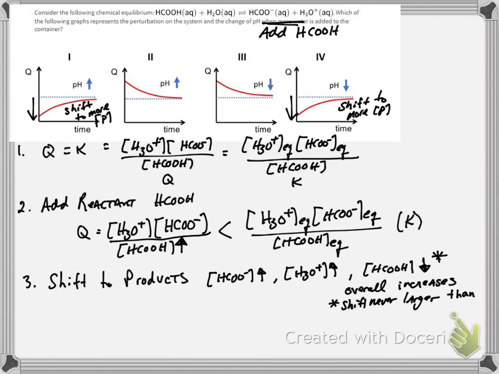But in the shift, there is a small decrease in the reactant and an increase in the products. All right, so pH goes down. HCOOH is an acid, so the pH must become more acidic, and if it becomes more acidic, the answer will be 4.